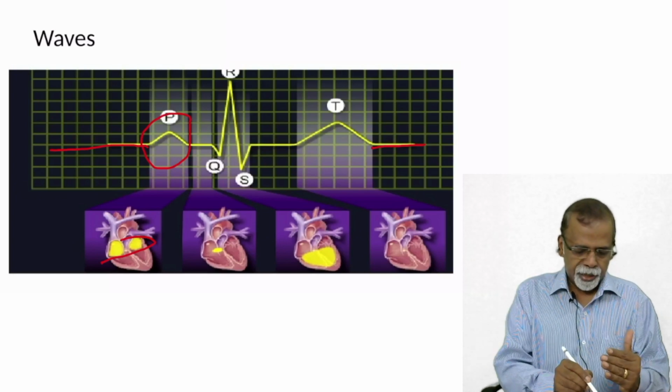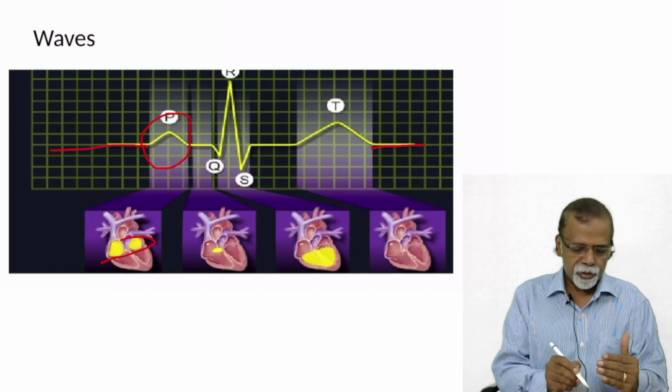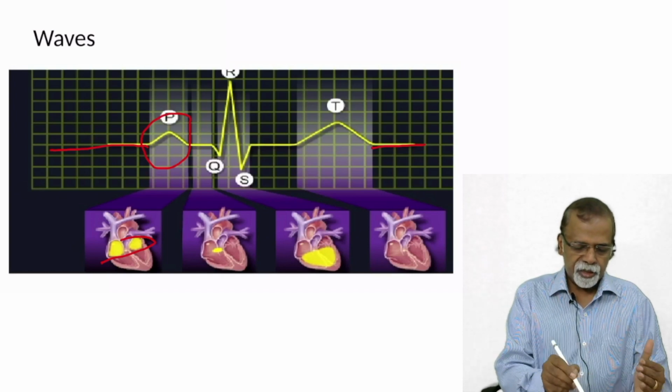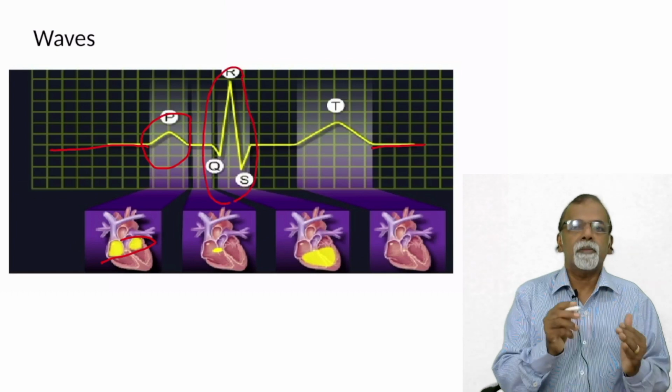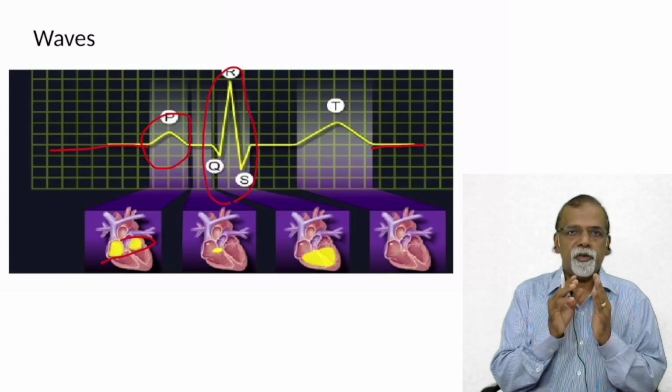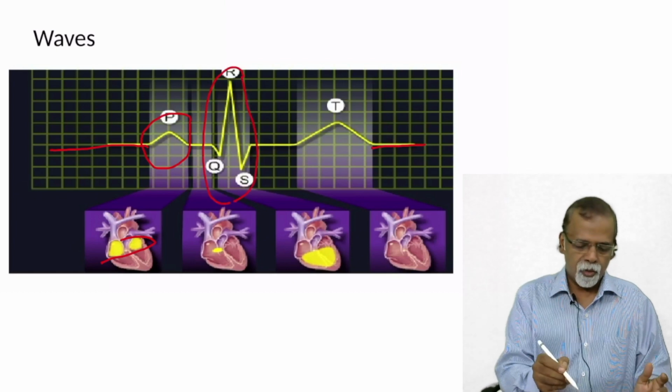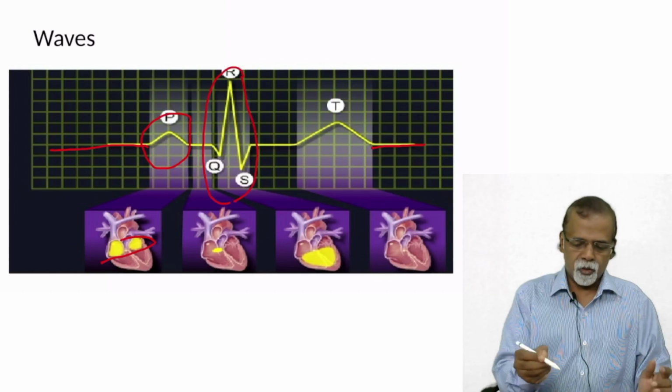After some time, with a delay in the AV node, the impulse reaches the ventricle, and ventricular depolarization produces the wave called the QRS complex. So what is a QRS complex?